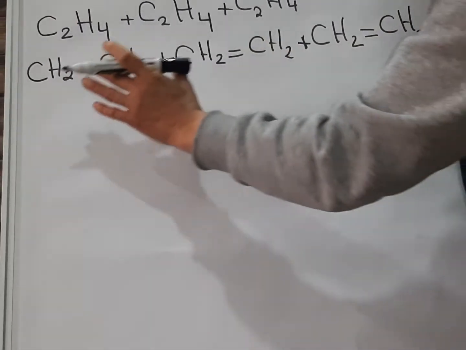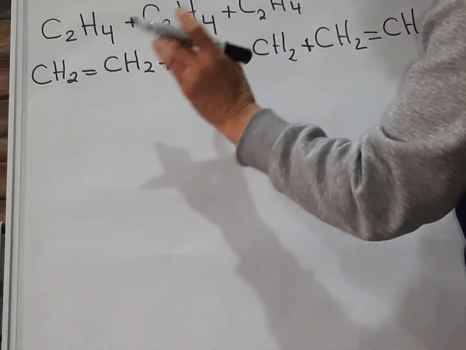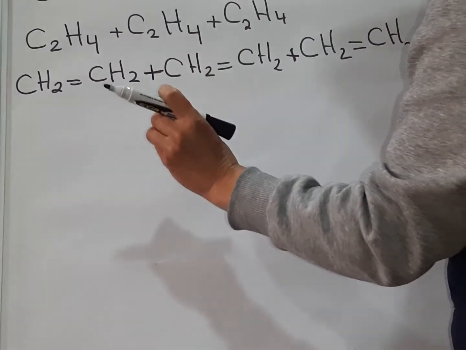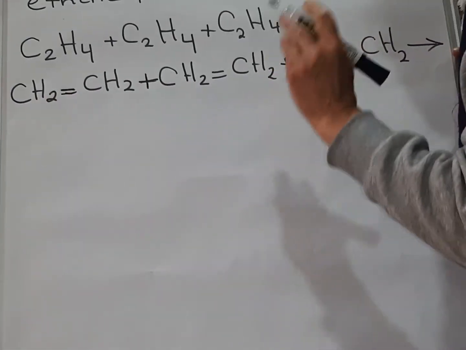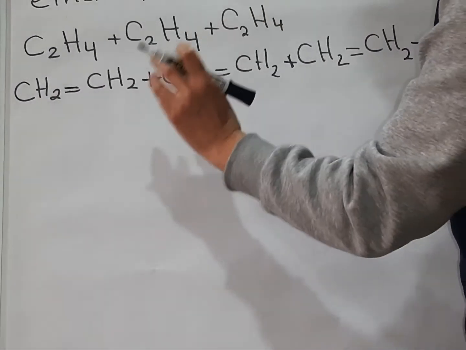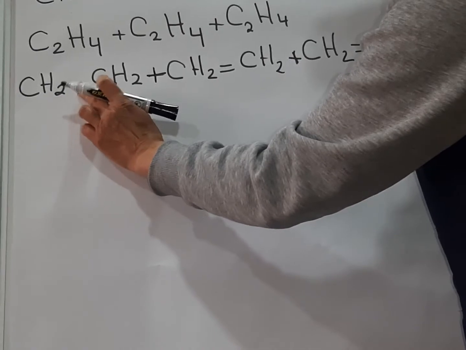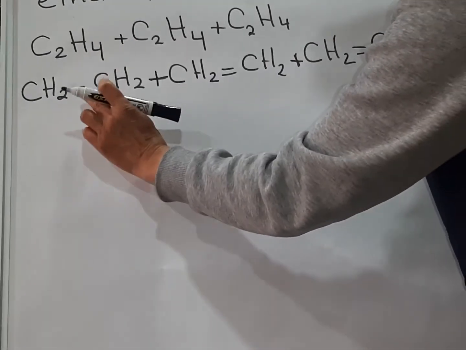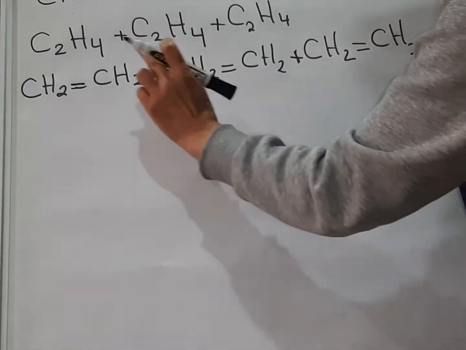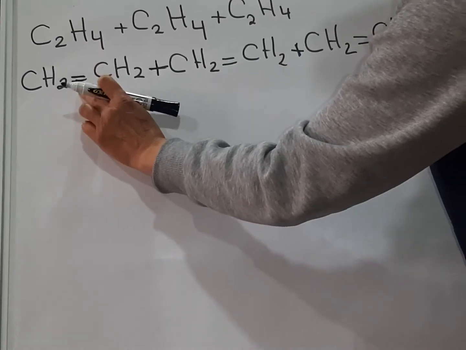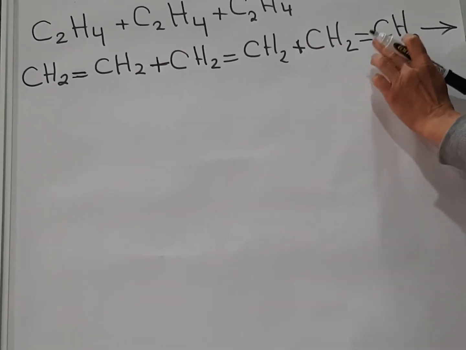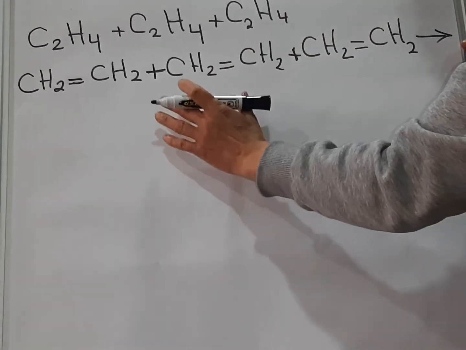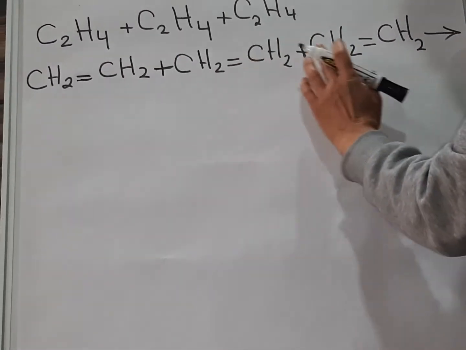As we know, ethene is an alkene, which is an unsaturated hydrocarbon having the functional group double bond. Whenever anything is added to an alkene, the double bond breaks. So here ethene plus ethene. This ethene has a double bond, this ethene has a double bond, this ethene has a double bond. During addition reaction, the double bond breaks.